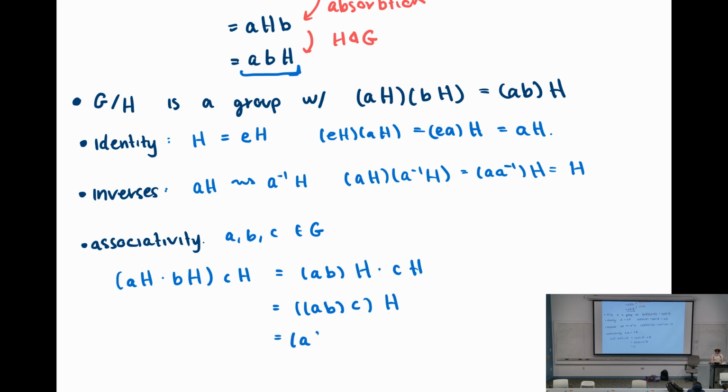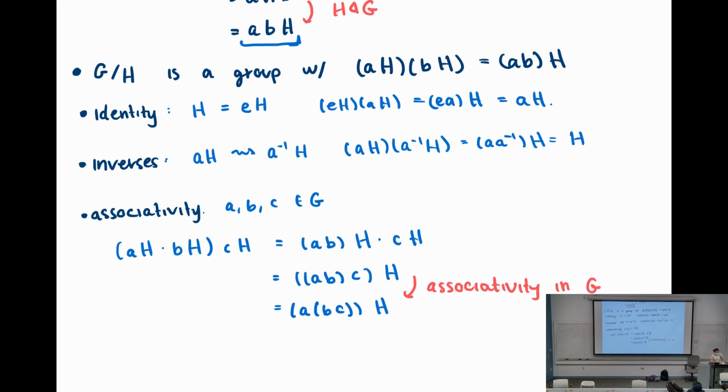So I have A, B, C, H. So this step is by associativity in the group G. Okay, and now I'm going to unmultiply.